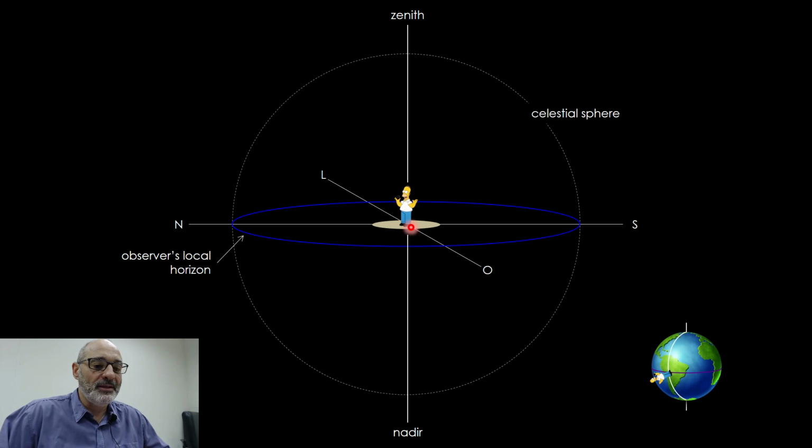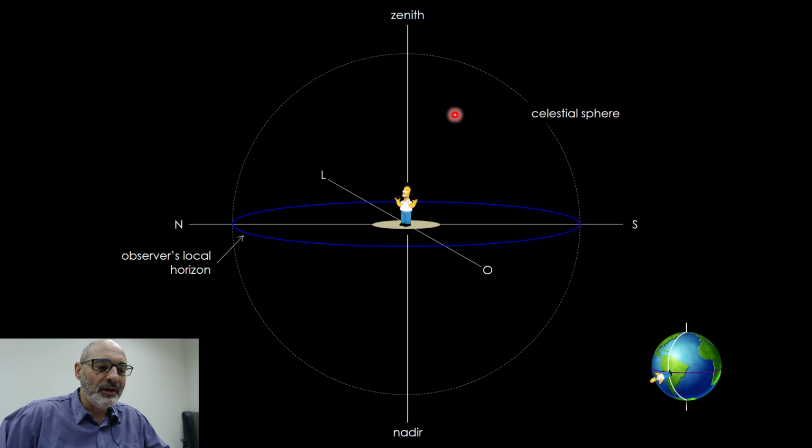So what he sees, that's the point of view of the observer. He sees north, he sees south, and east and west. And this blue line here is his local horizon, the observer horizon.